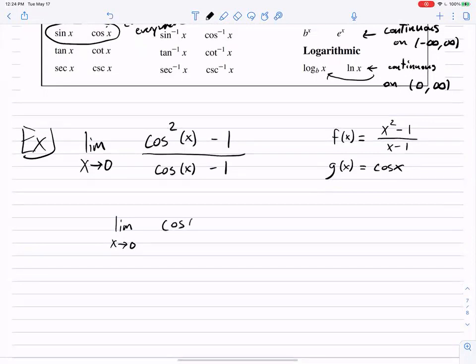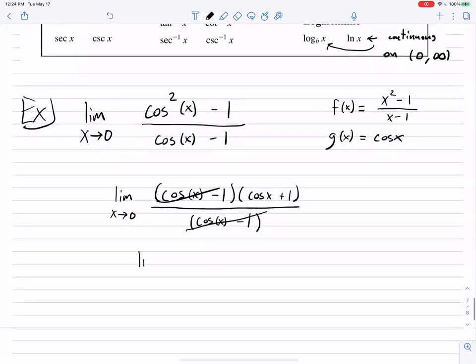So this is cosine of x minus 1 times cosine of x plus 1, over cosine of x minus 1. And then those cancel, and this becomes the limit as x approaches 0 of cosine of x plus 1.